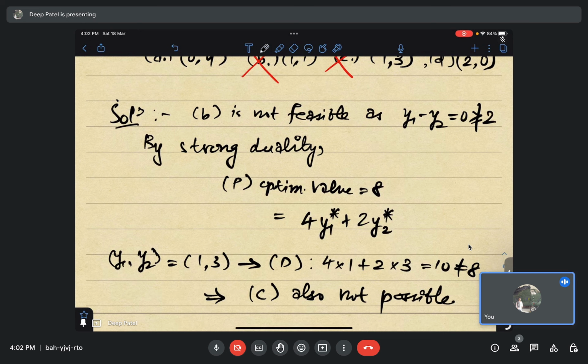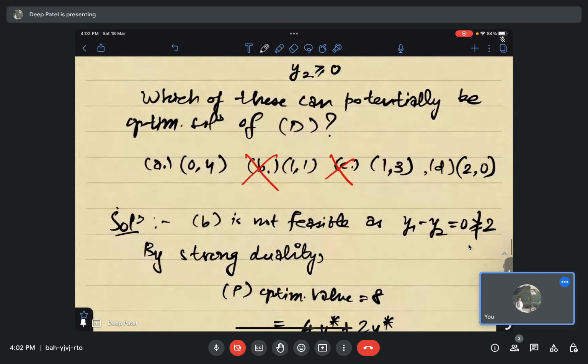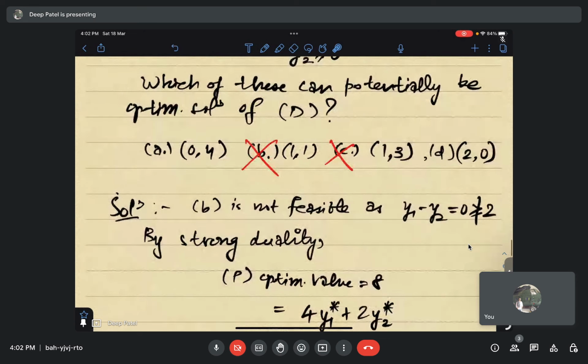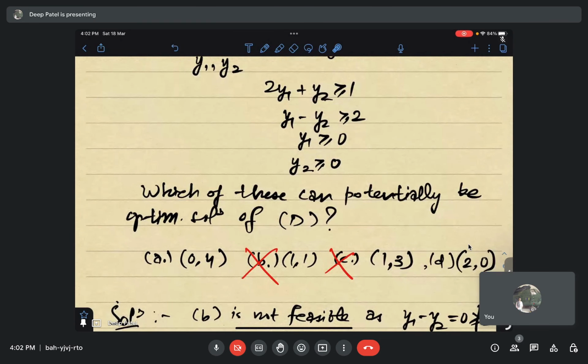Okay, so what are our options? A does satisfy, and D also satisfies. But be careful, is A even feasible?